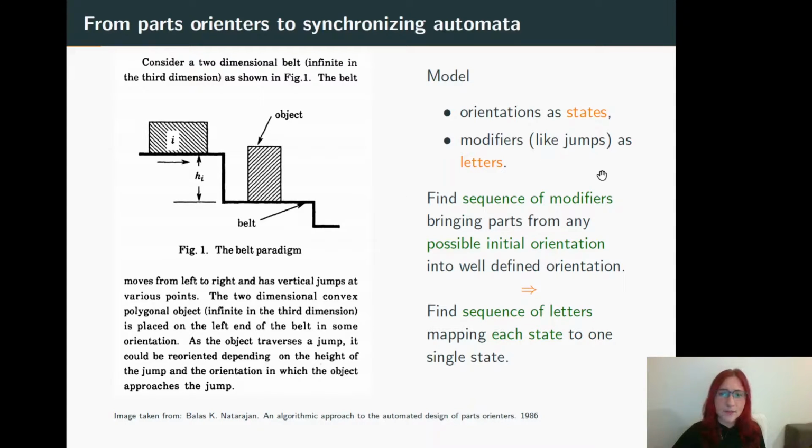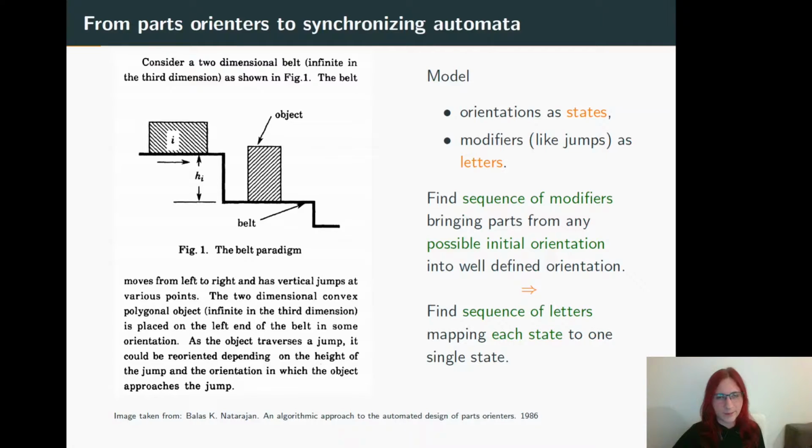And then the problem of finding a sequence of modifiers that brings a part from any possible initial orientation into a well-defined orientation corresponds to finding a sequence of letters which map each state of the automaton to one single state.